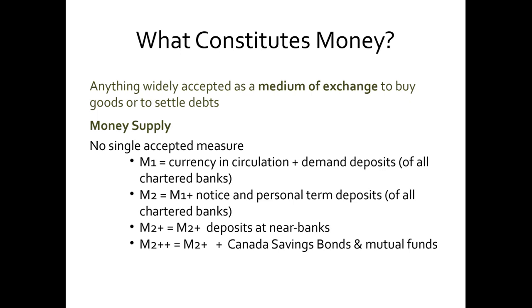It's not 100% liquid, but still a bit faster. You can convert this money into usable currency in a short period of time. And then we have M2 plus, meaning deposits at near banks, and then Canada savings bonds and mutual funds. So basically the liquidity is decreasing. These are all 4 different measures of money supply. There are others as well, but normally we are concerned with only M1 supply of money.